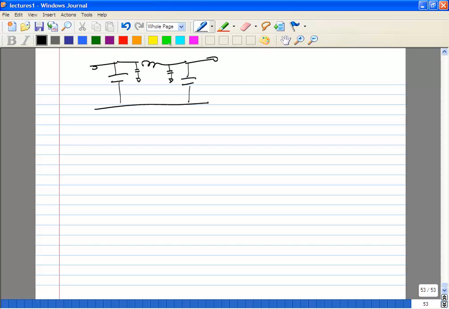If you use this kind of pi match, you can actually absorb this into these capacitors. So if the total capacitance you need is, let's say, 1.5 picofarads, and the inductor already has a parasitic capacitance of 100 femtofarads, you would use 1.4 picofarads as the physical capacitance, and you get the extra capacitance from this.